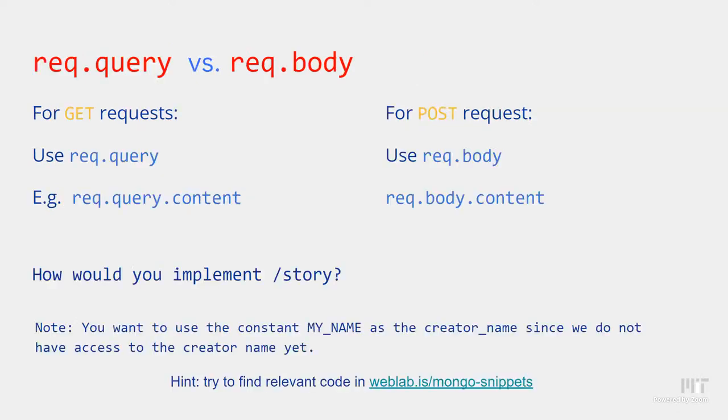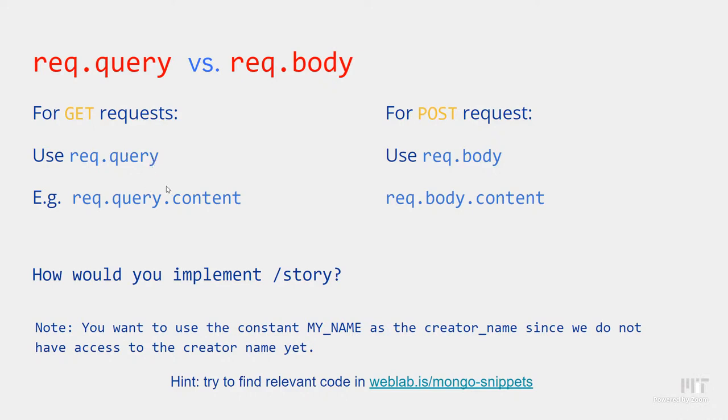Well, it turns out that when you pass information from the front end to the back end, the information is located in different places depending on the type of request that the front end sends to the back end. So in the case of a GET request, all of the parameters, all of the information that the front end sends to the back end will be located in an object called req.query.